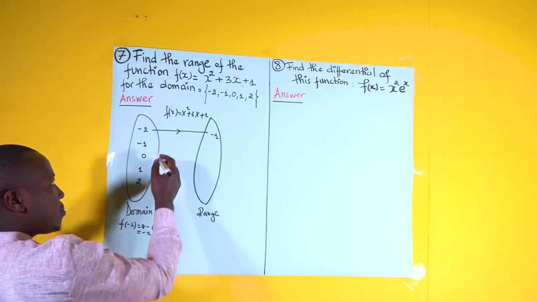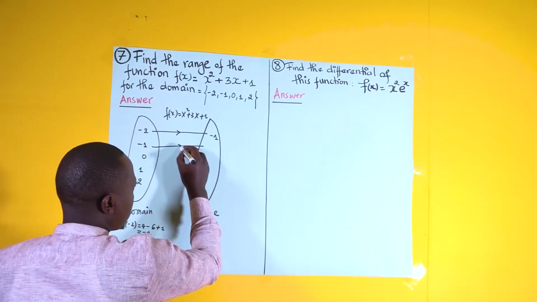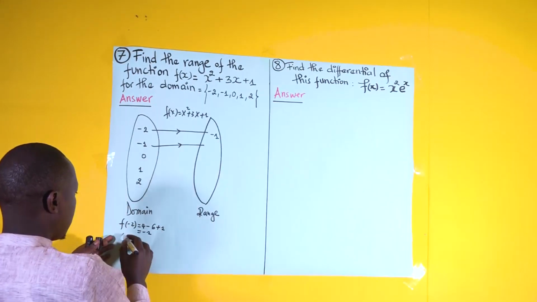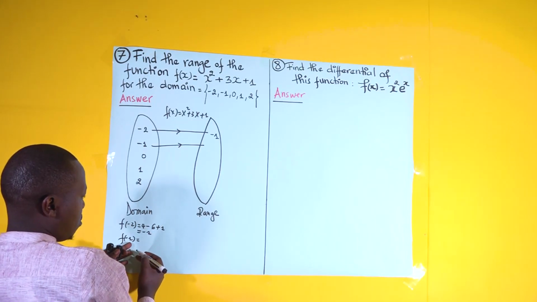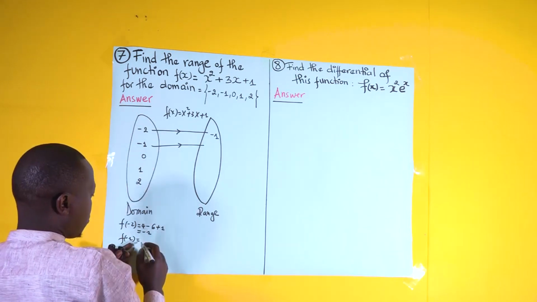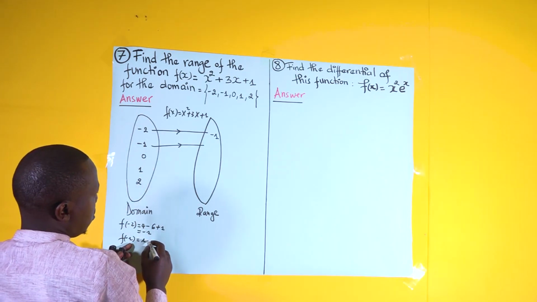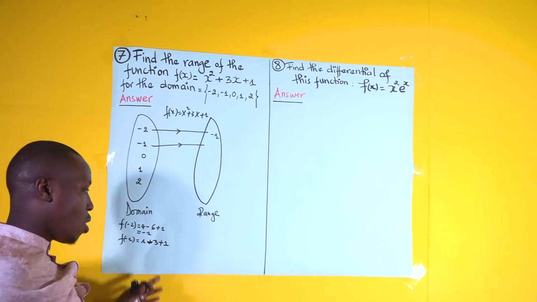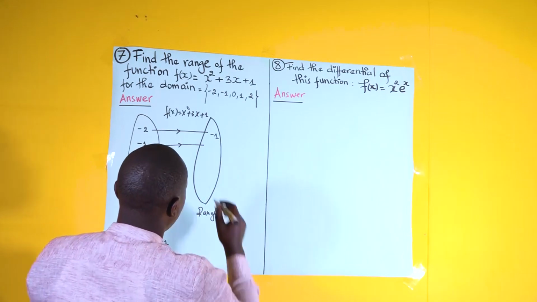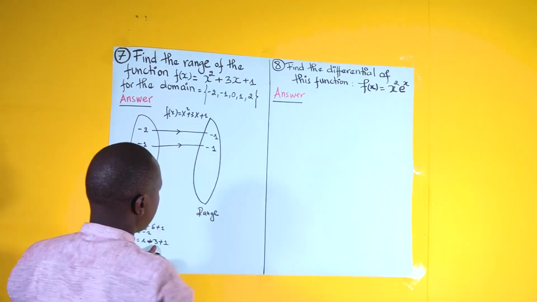Right? Let us substitute negative 1 in that function. f of negative 1 equals negative 1 squared, which is 1, minus 3, and then plus 1. 1 plus 1 gives us 2, minus 3, it is negative 1, isn't it?